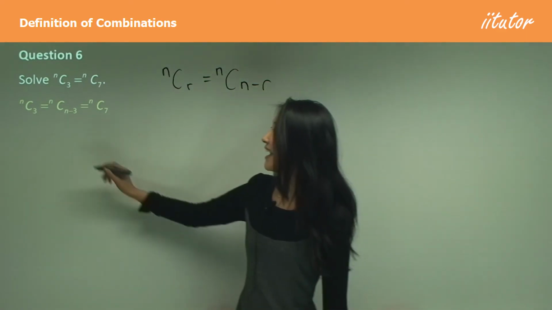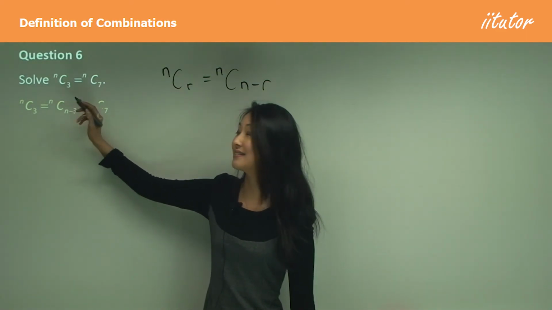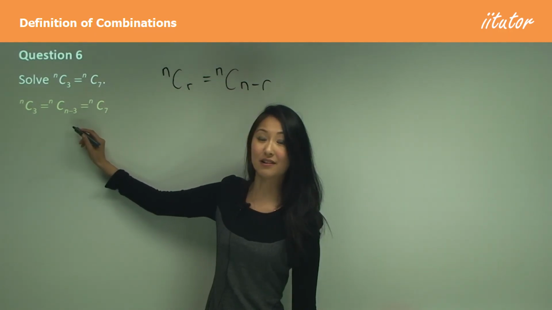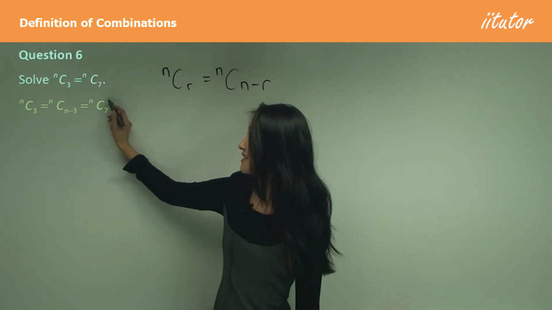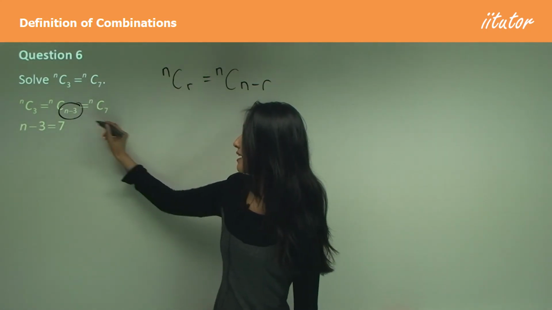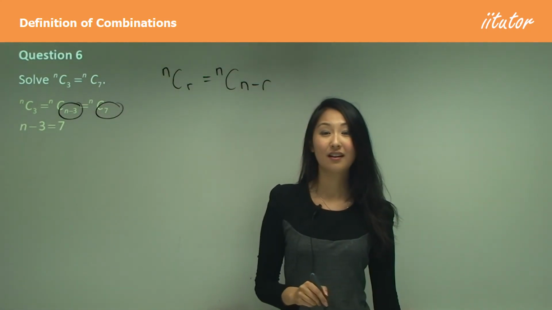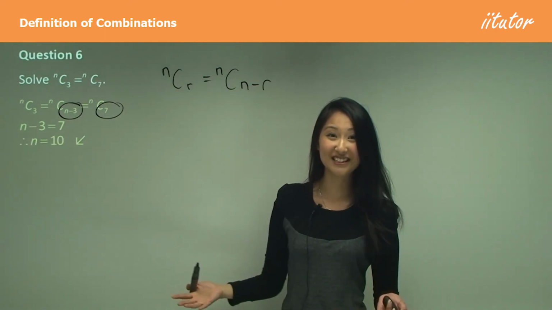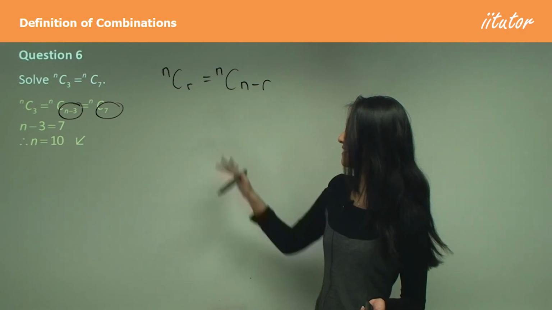So nC3 is exactly the same as nC(n minus 3). And that has to equal that. So that means n minus 3 has to equal 7. So therefore, n equals 10. Really simple, isn't it? Just by using this proof here.